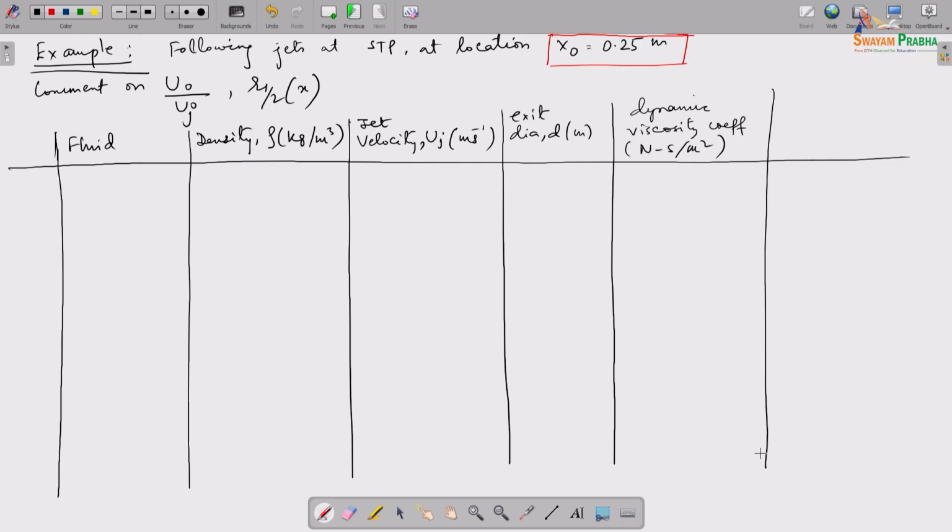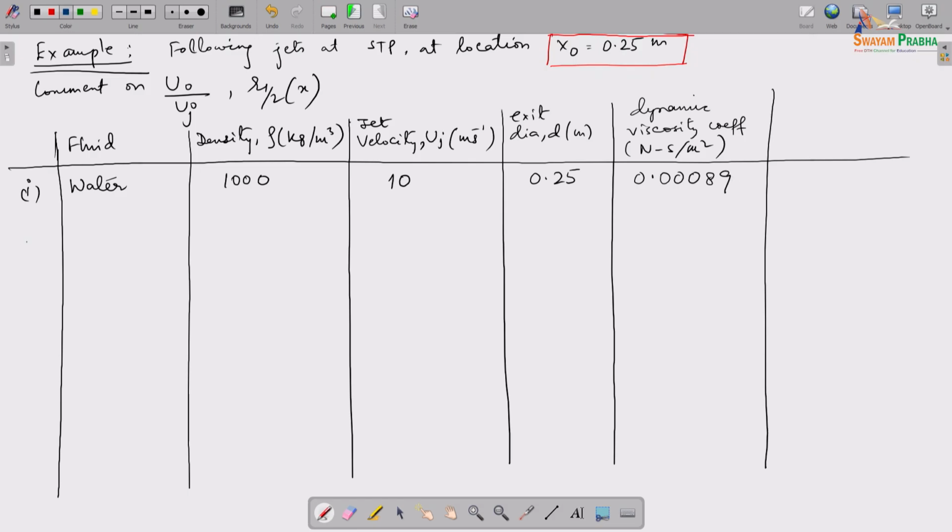Number 1 is water. Density is 1000, uj is 10, D is 0.25, and the dynamic viscosity is given here.